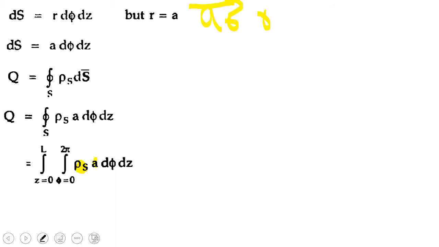So d phi and dz alone are the variables. If you integrate d phi, you will get phi, with limits 0 to 2 pi. If you integrate dz, you will get z, with limits 0 to L. So rho s and a stay constant outside, and you will get 2 pi a L rho s. So Q is equal to 2 pi a L rho s.